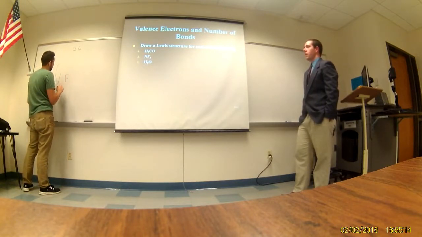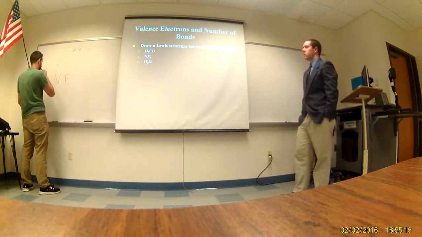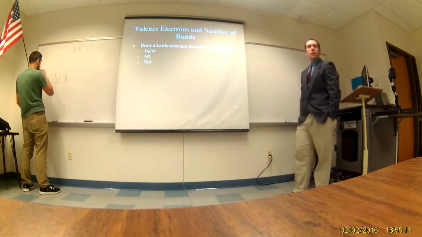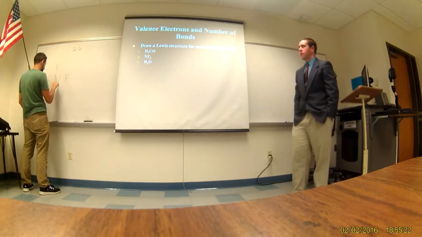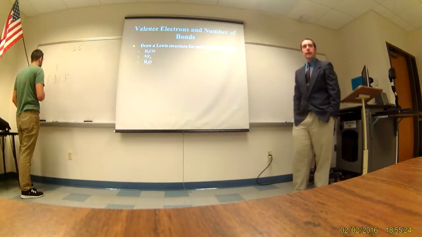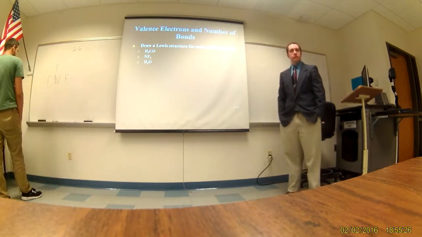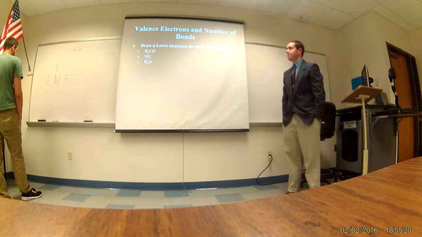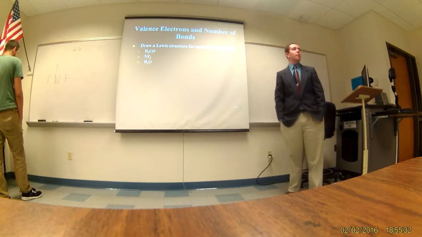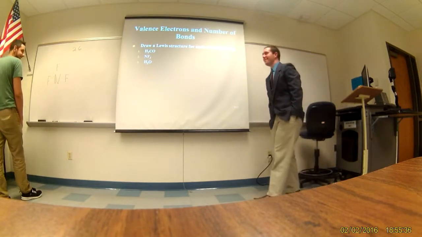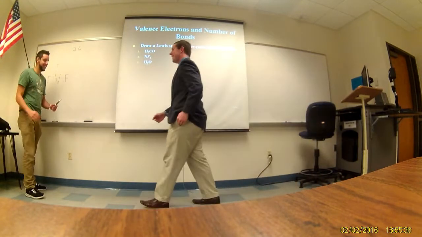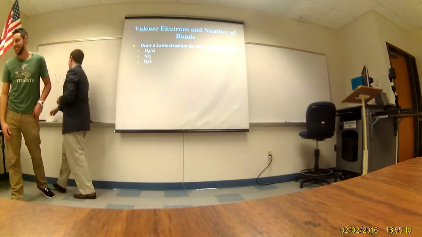You've got 24 over there. You got 2 more. What can he do with his other 2? The bottom of nitrogen. Right there. Is he done? Yeah. Everything's got 8. Nitrogen has 3 bonds. Fluorines have 1 bond. You picked an easy one. Smart man.